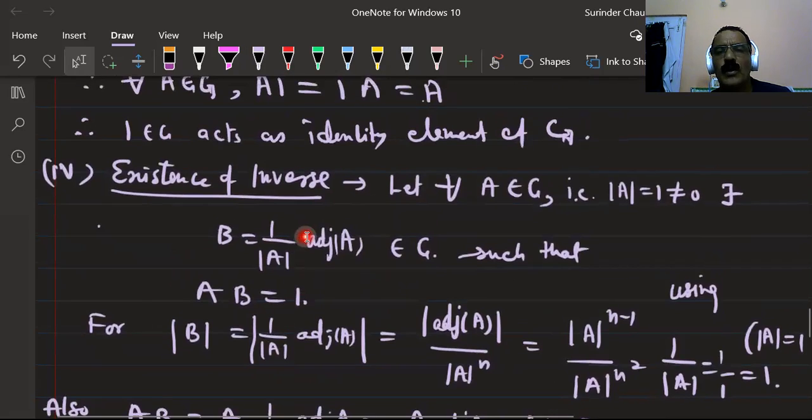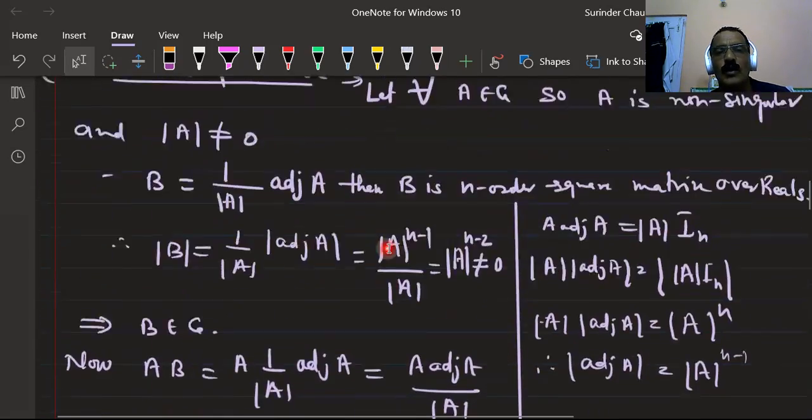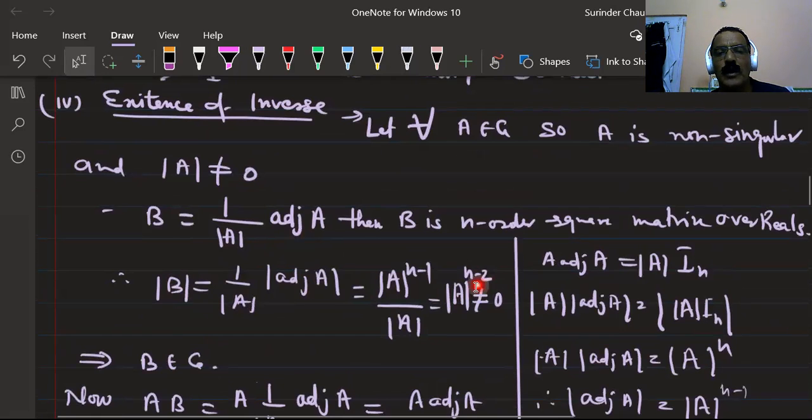So determinant of B is 1 upon determinant of A, and determinant of A is equal to 1, so determinant of B is 1.